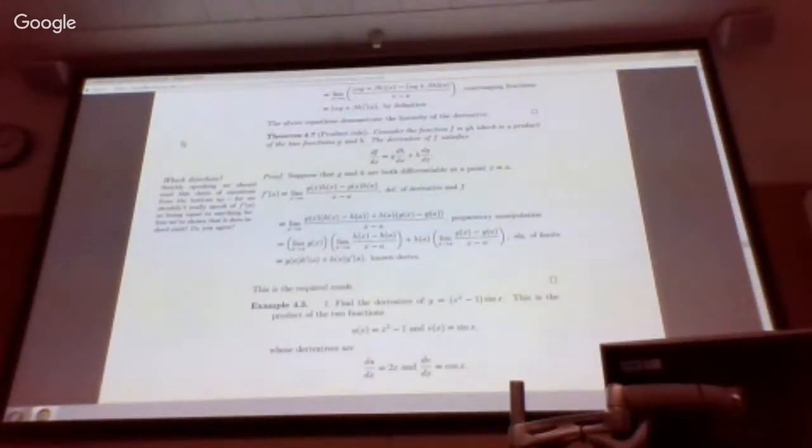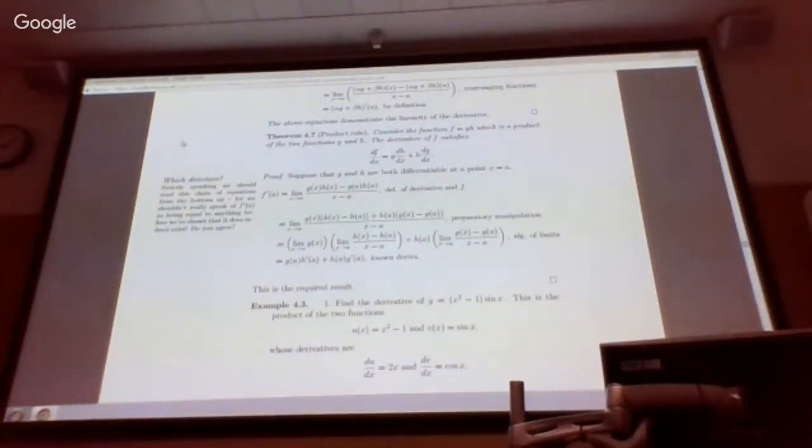So I try not to write down false stuff, but sometimes it's good to write it down as a warning. So it is not true that the derivative, don't even take this down, or if you do take it down, put a big warning sign around it. I see people make this mistake often. It's a common slip that people make.